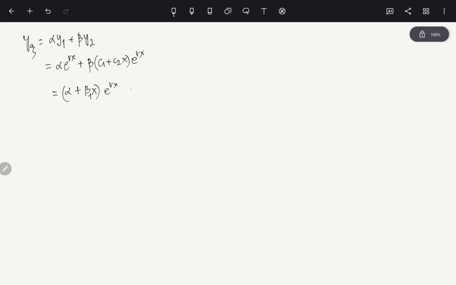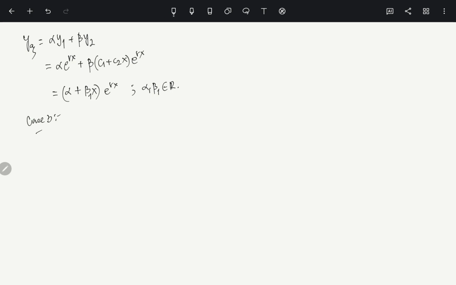So that is the general solution, where alpha and beta 1 are in R. So what is the general solution when both roots are the same and real? It is some constant plus another constant times x, times e power r x. Right. Now, let us look at the third case, case 3.